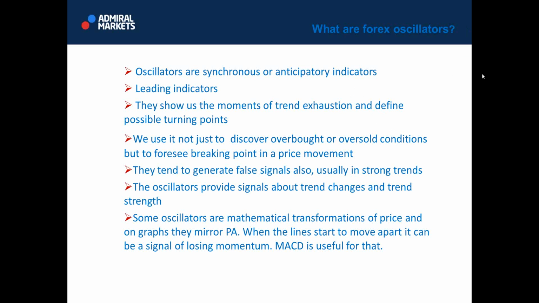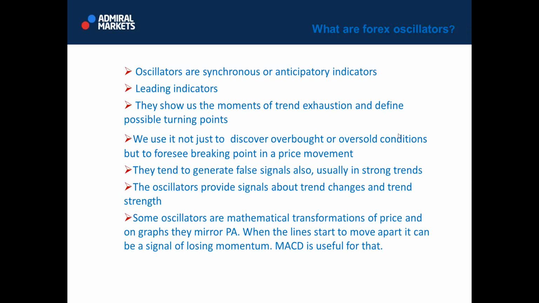So we need to see the price, then by comparing price to the oscillator, we usually detect divergence or any other price pattern that can show on charts. We use it not just to discover overbought or oversold conditions, but to foresee a breaking point in a price movement.